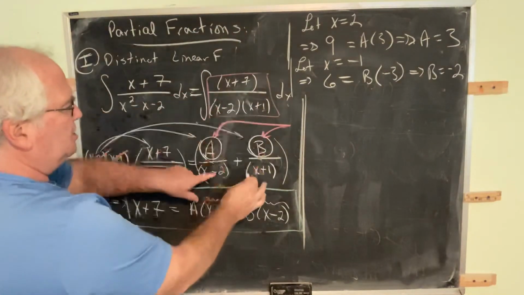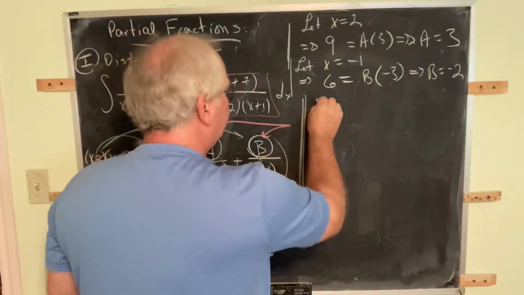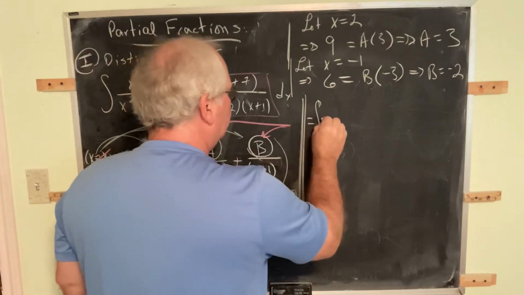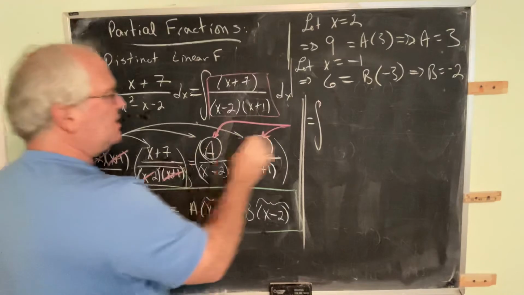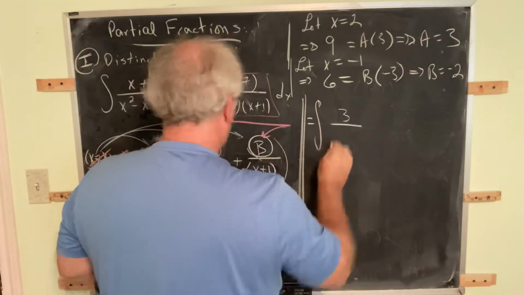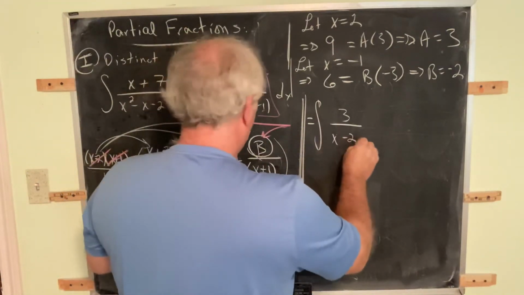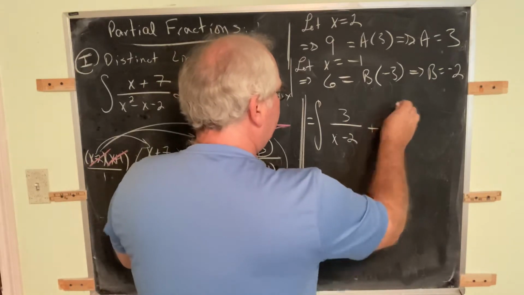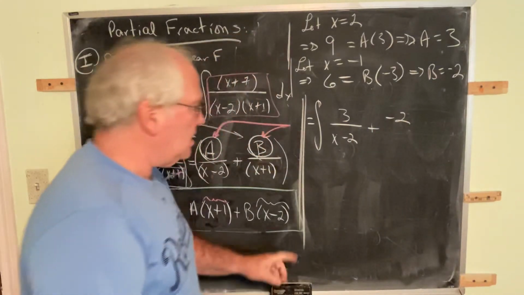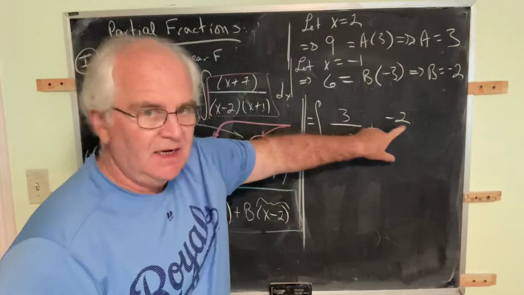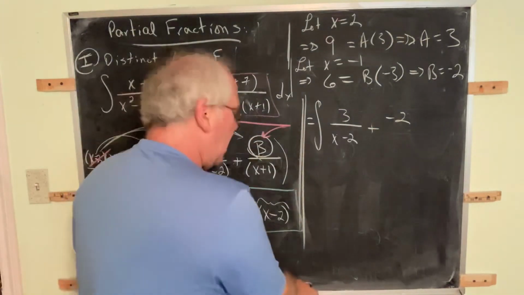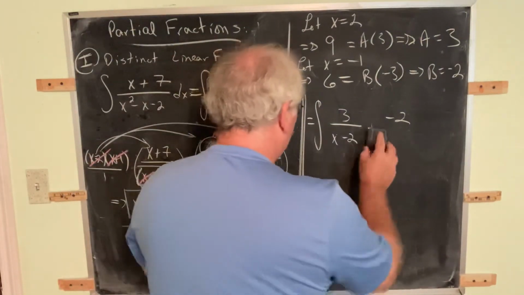Replace this expression with its partial fraction equivalent. So the integral becomes, we have a, which is 3 over x minus 2, and plus b, which is negative 2. My recommendation, write this as plus negative 2. Be very careful.